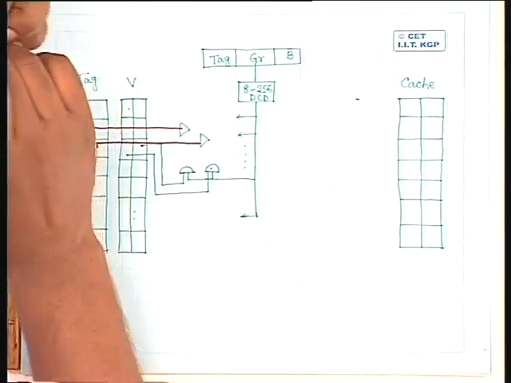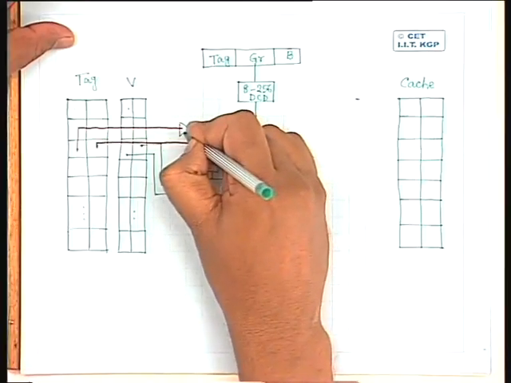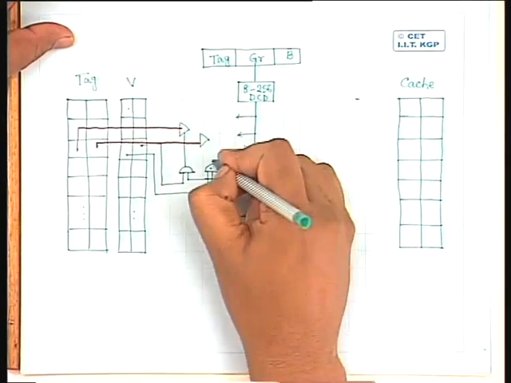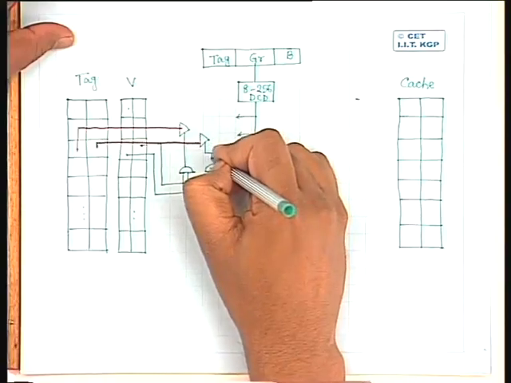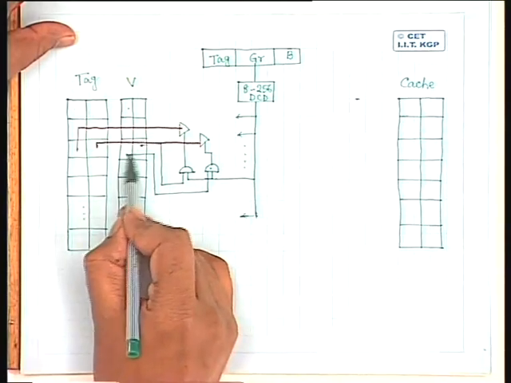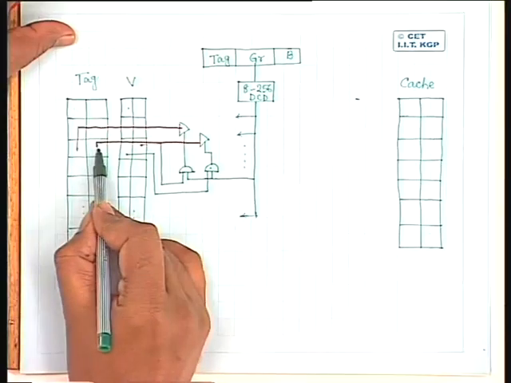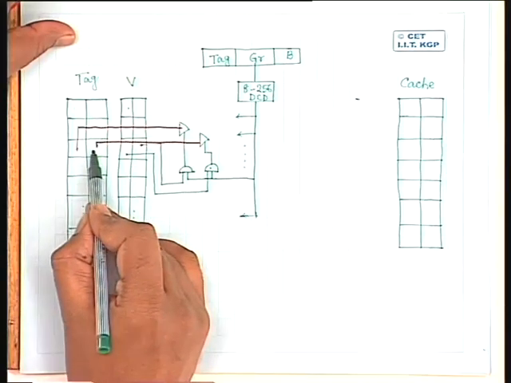This AND gate output will activate this particular buffer, this AND gate output will activate this particular buffer. So you find that any of these can be valid, and depending upon which one is valid, I have to compare the corresponding tag output.